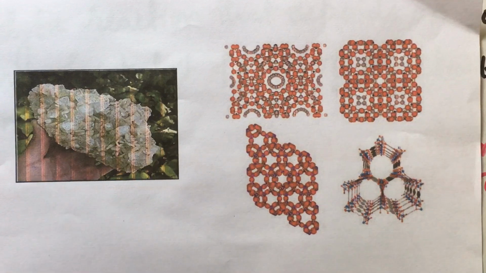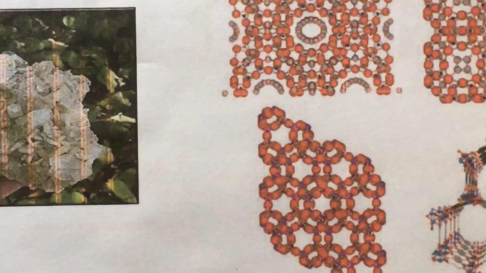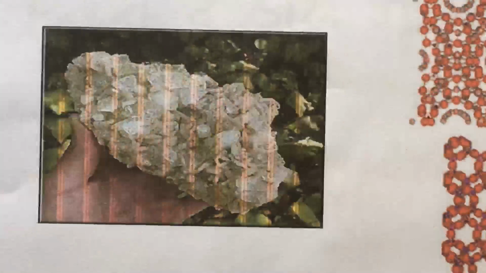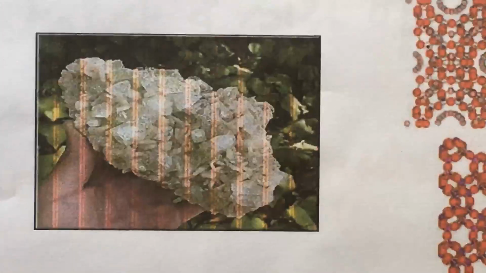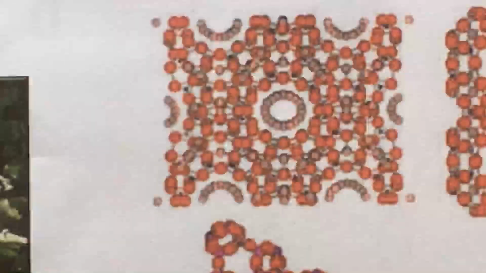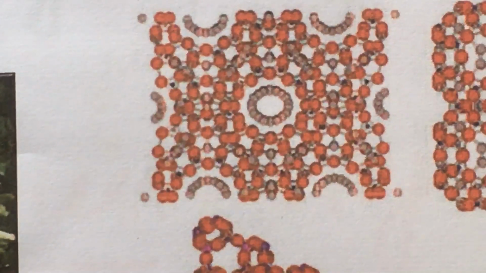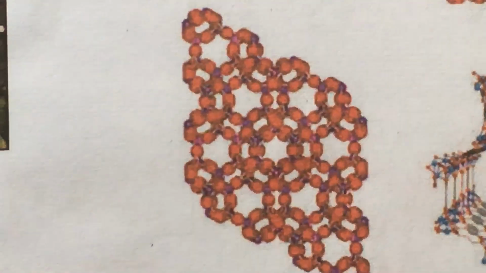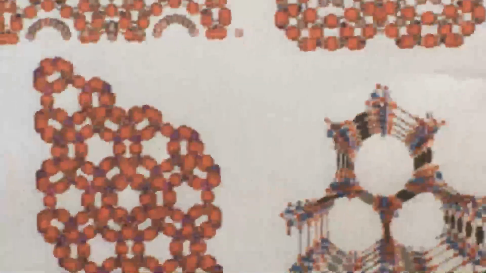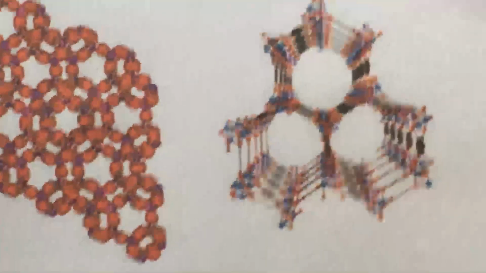See the diagram, students. This is the diagram of the honeycomb structure of zeolites, and the other two-dimensional structures are shown here. You can see another structure, where you can see the honeycomb structure.